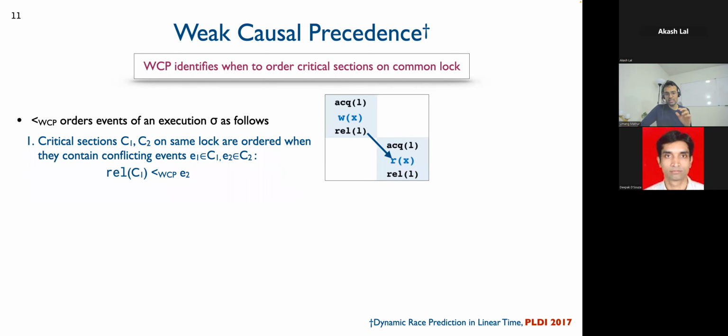So the precise rule is a little bit more contrived. It says that if you have two critical sections on the same lock and they have conflicting events, then you should place an edge from the release of the first critical section to the read of X in the second critical section, instead of, like HB, placing a release to acquire edge. So let me tell you why it's a little bit more contrived.